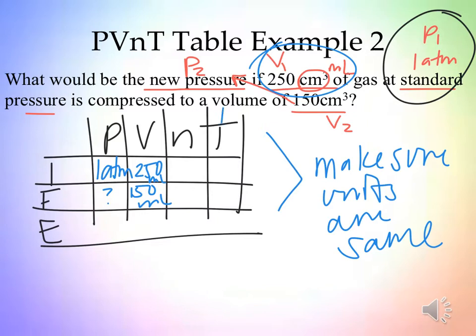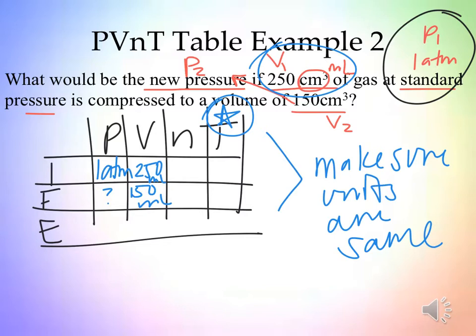The only thing that absolutely has to be a specific unit is temperature. It has to be in Kelvin. Pressure could be in torr or bars, volume could be in milliliters or centimeters cubed or liters or deciliters, as long as they're the same. The only thing that needs to stay constant in terms of unit is temperature. It has to be in Kelvin.